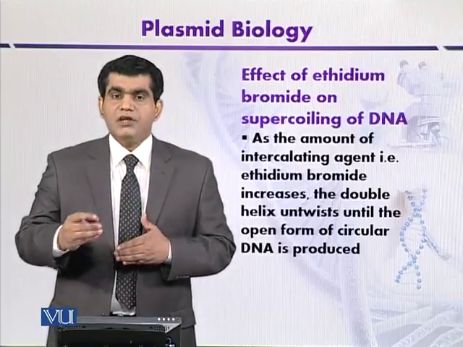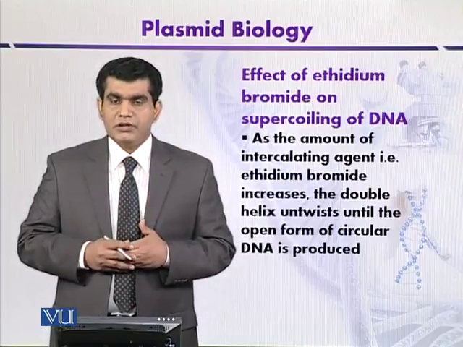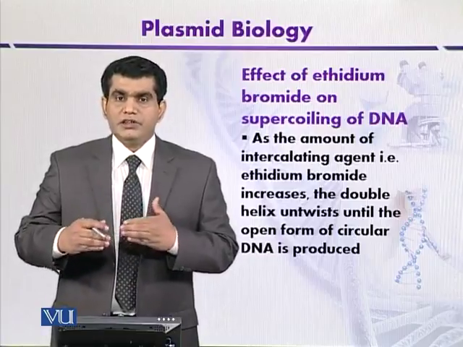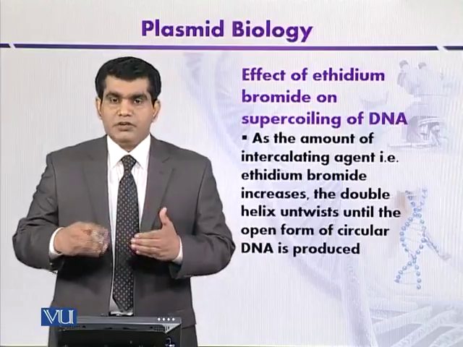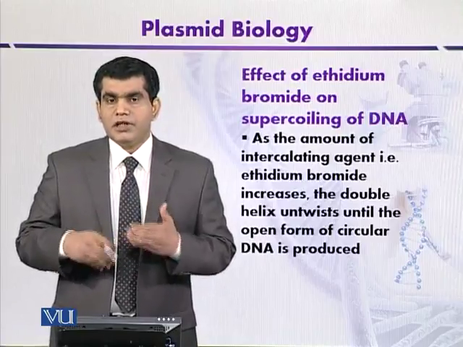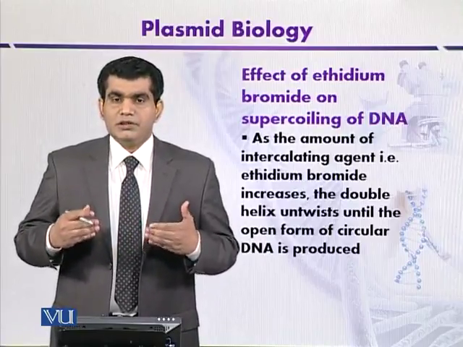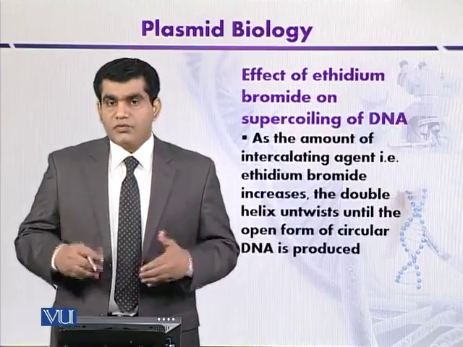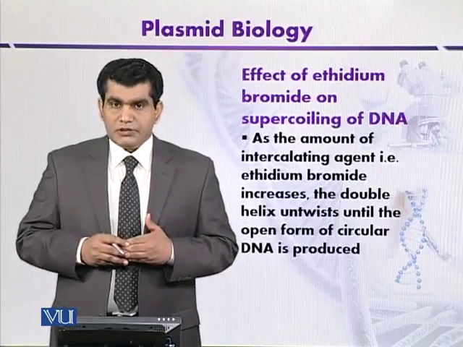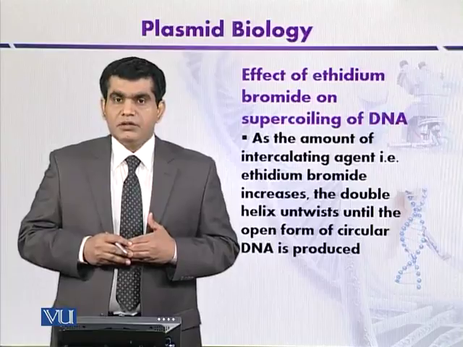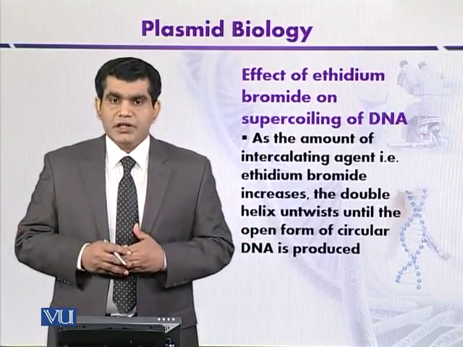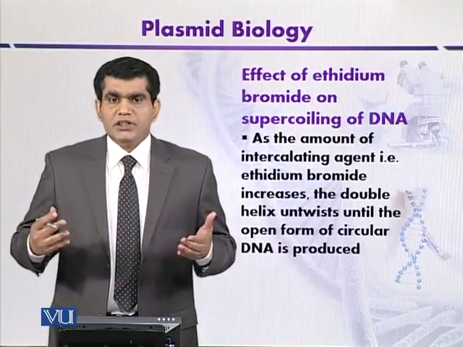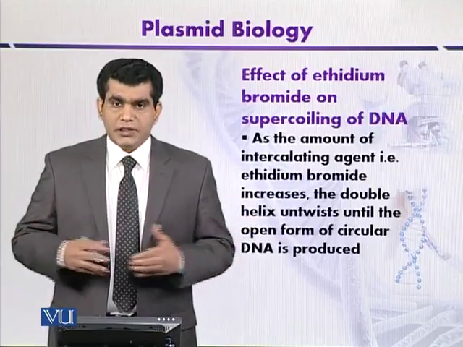That is, its unwinding will start. So as intercalation goes on, that is, as addition of ethidium bromide goes on, the supercoiled DNA is converted into open circle. That is covalently closed circle DNA or CCC DNA, or simply we can say open circle DNA.